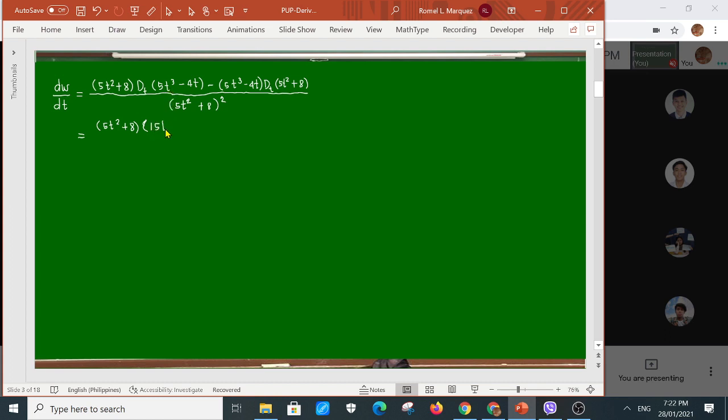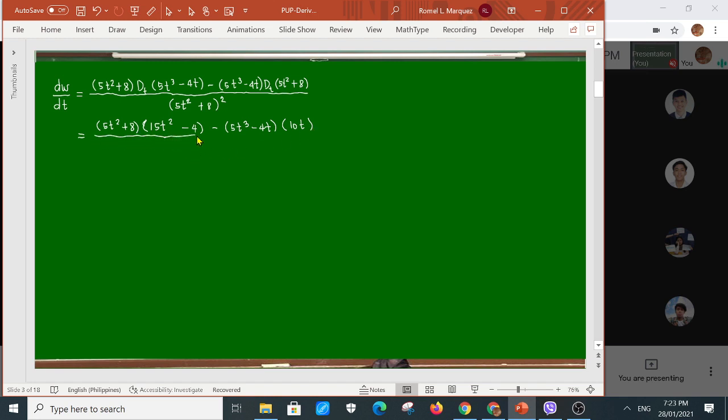15t squared minus 4, minus, copy, 5t cubed minus 4t times the derivative of 5t squared, which is 10t plus 0. So no need to write that.